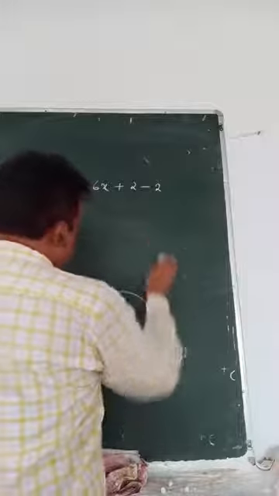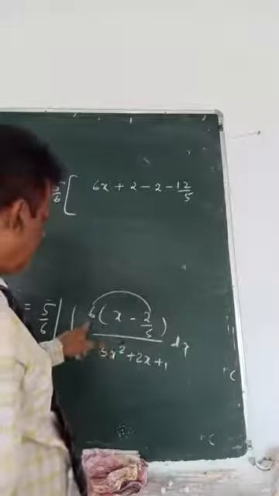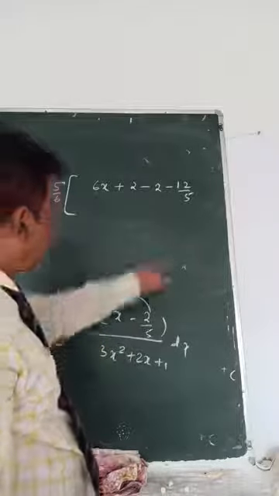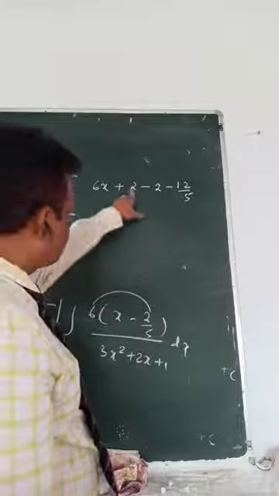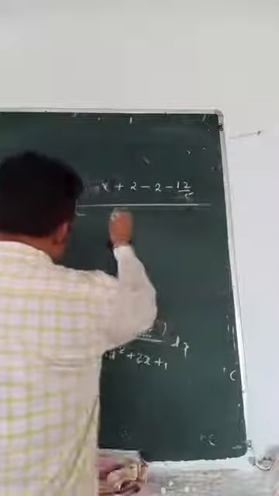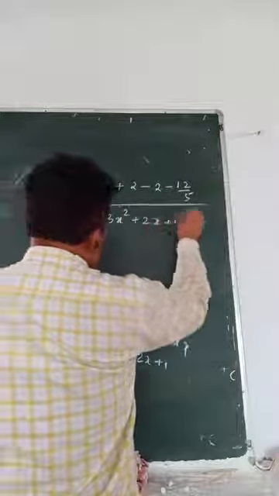Check it again. When I multiplied by 6, this will be 6x and this will be 12 by 5. But you need 6x plus 2. So I am adding plus 2 minus 2, divided by 3x square plus 2x plus 1 dx.